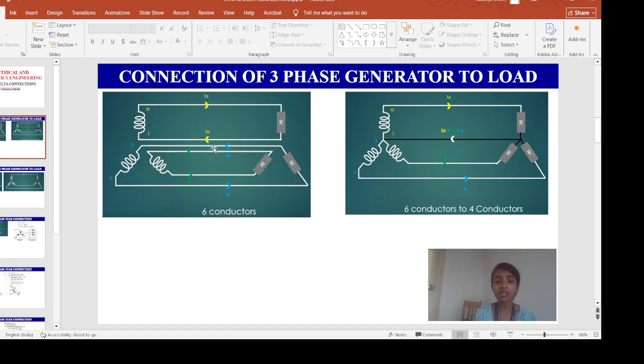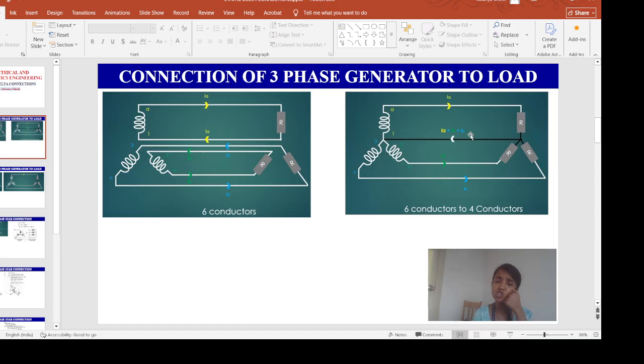But if we make all these neutral or return paths a single path, then we can reduce the number of conductors from 6 to 4. Here, instead of 3, we can use a common return path for all these individual single phase systems, right? So this common path is for all the currents IA, IB and IC.